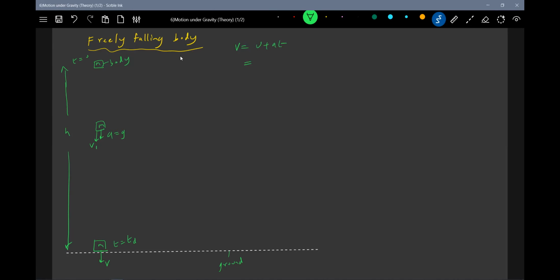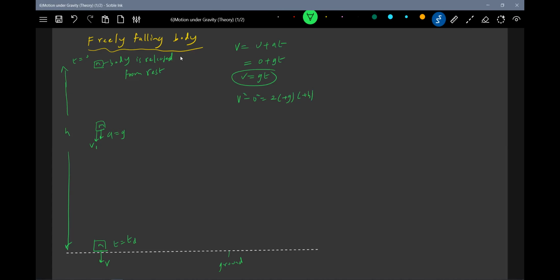Initially it was released from rest, so v equals 0 plus gt. This is the velocity of the body with which it is going to strike. Or else we'll apply one more formula, v squared minus u squared equals 2gh.